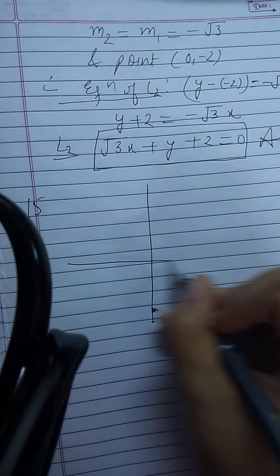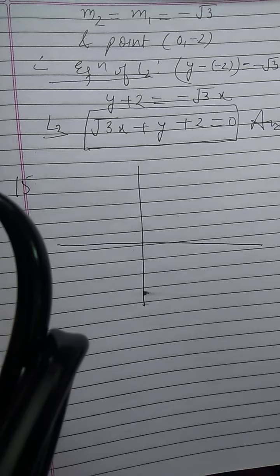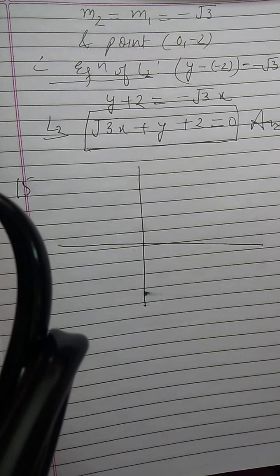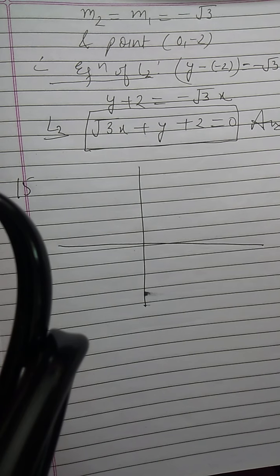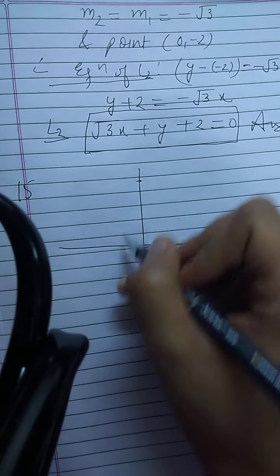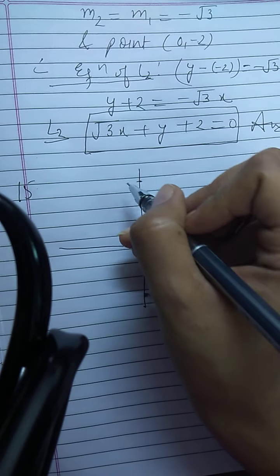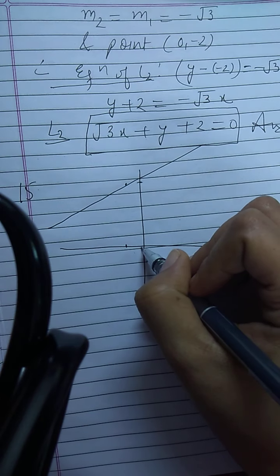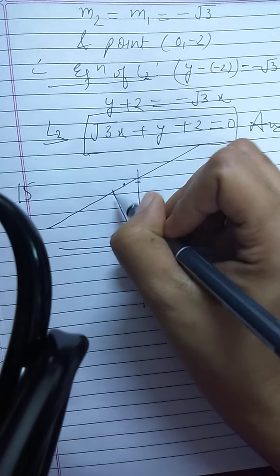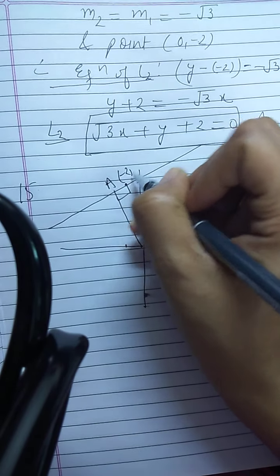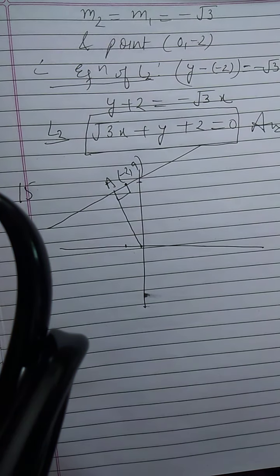If this is our system, the perpendicular from the origin to the line meets at the point (-2, 9). So if 9 is here and -2 is here, somewhere here the line is passing, and when I draw the perpendicular, it is going like this. This is the point A, (-2, 9), right?